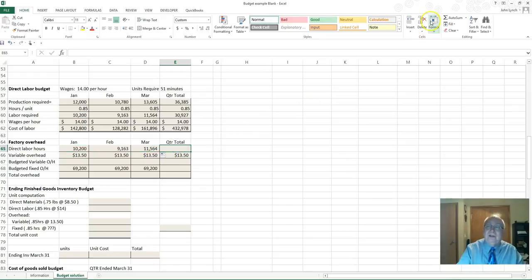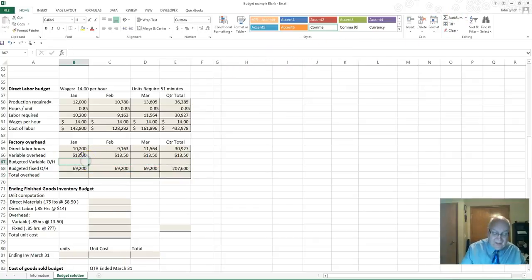Okay. This is the quarter total. And then this was also the quarter total if you want to just go ahead and sum that up. And then this one is the two added multiplied together. So if we do the round function, because we want to make sure everything comes out right, times $13.50, 0 decimals, that gives us $137,700.